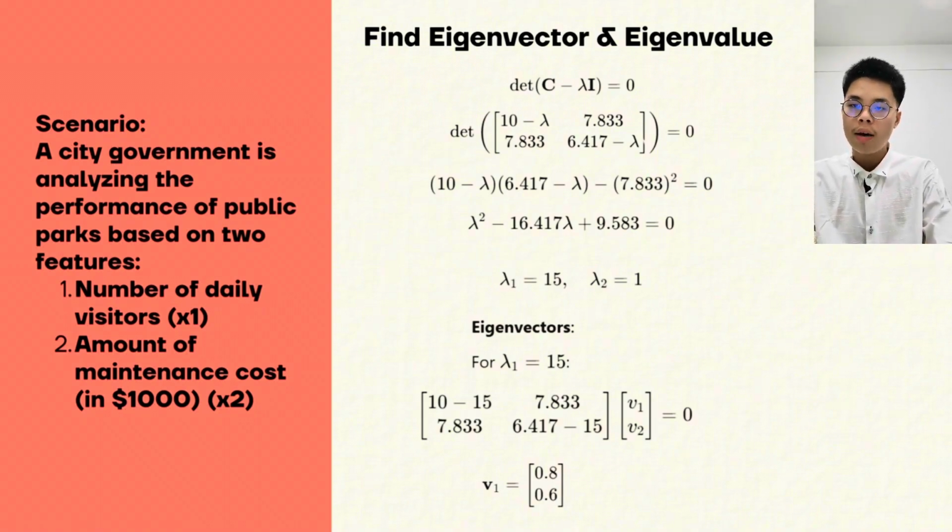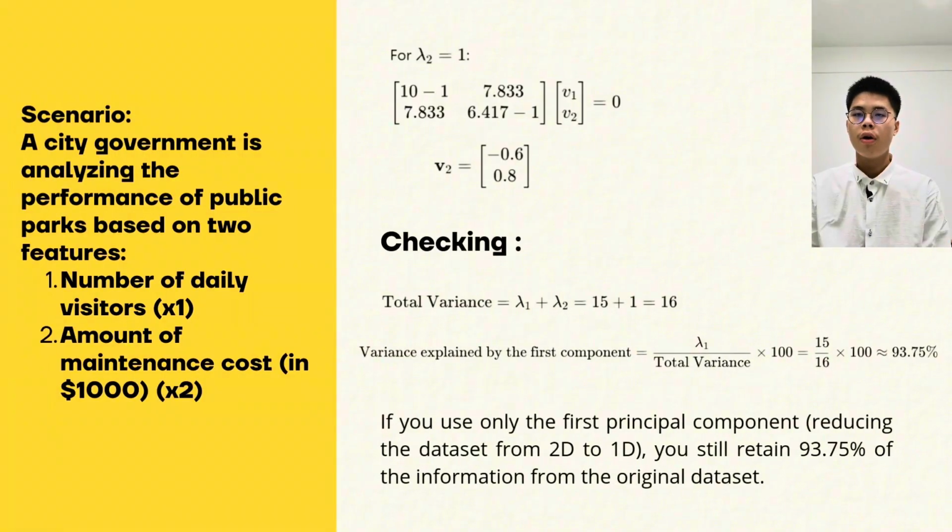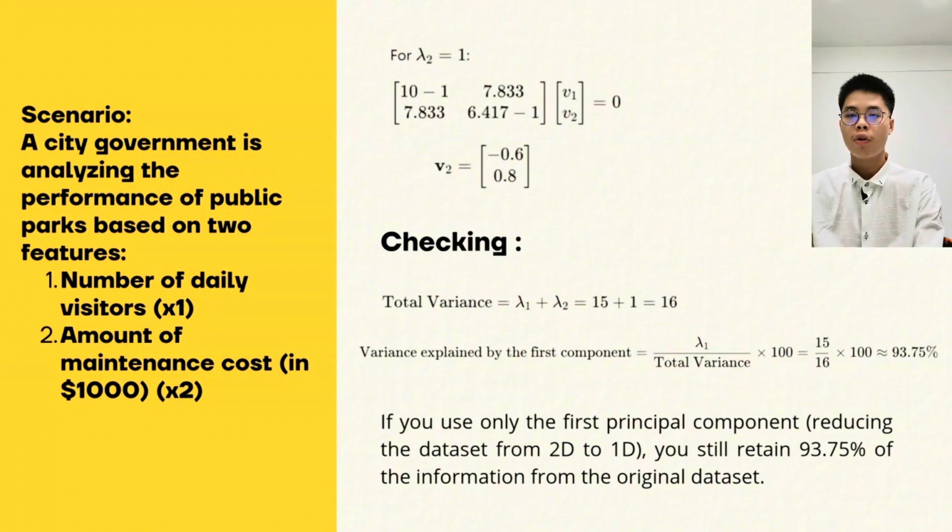Next, we need to find the eigenfactor. For the eigenvalue equal to 15, we get phi1, the eigenfactor, equal to 0.8 and 0.6. For the eigenvalue equal to 1, to find this we just compare with our computer to solve it for us, and we get phi2 equal to minus 0.6 and 0.8.